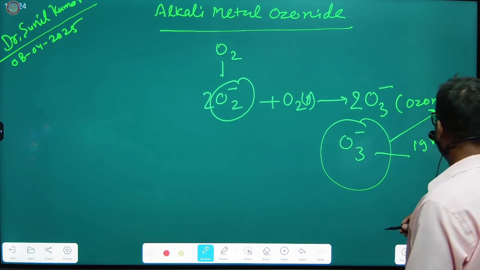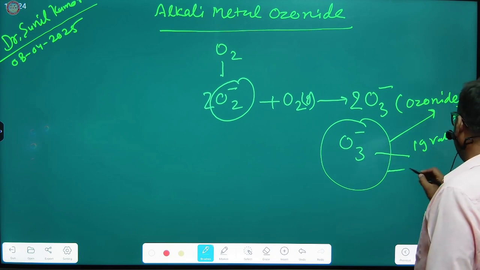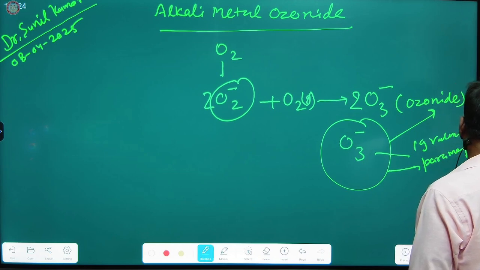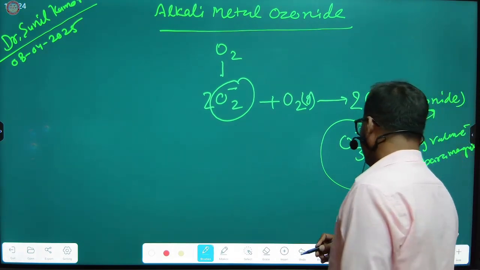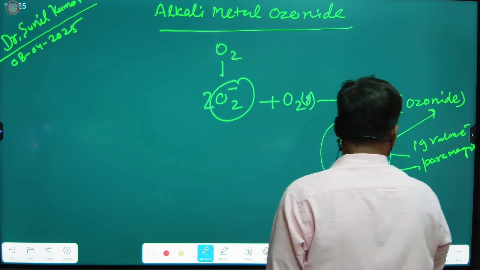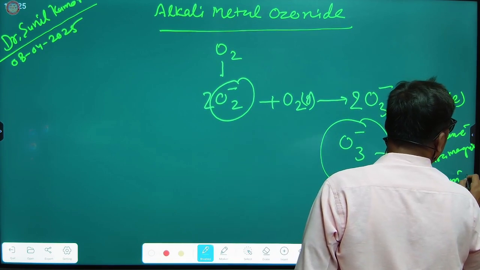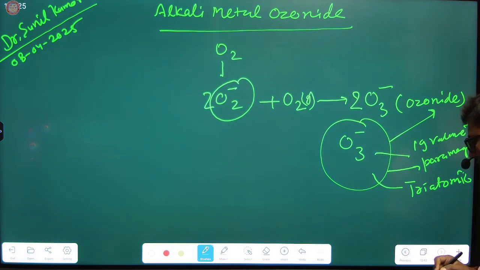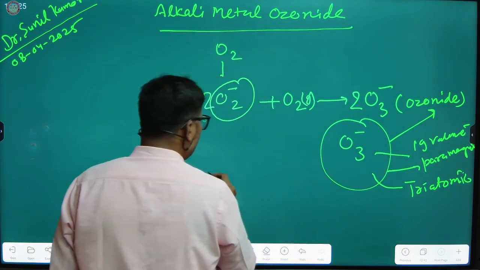Due to the presence of one additional electron, it is paramagnetic in nature. It is a tri-atomic compound. And what is the structure of this ozonide?